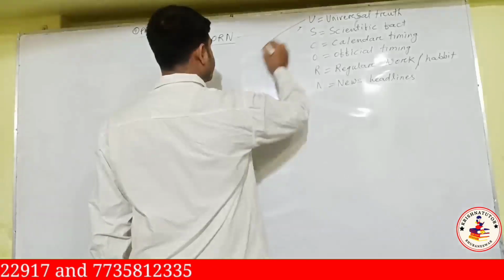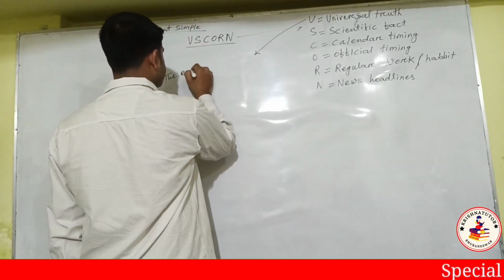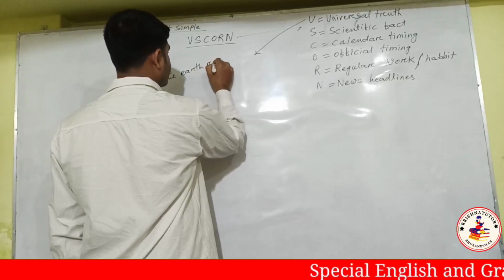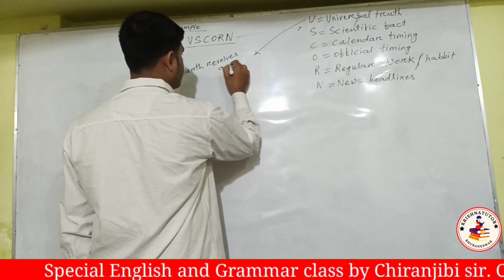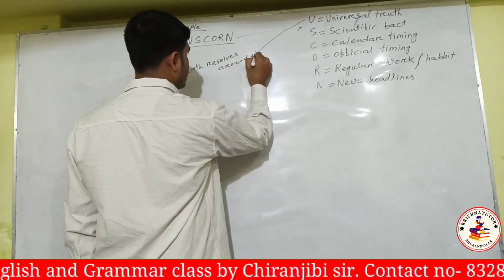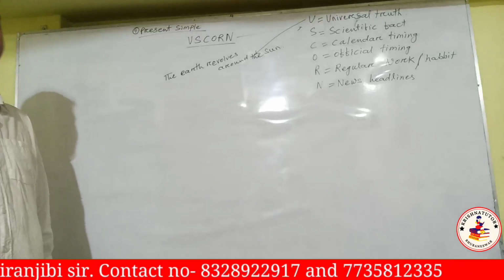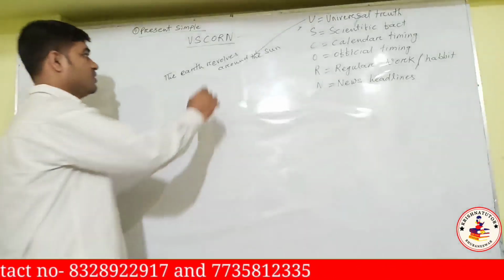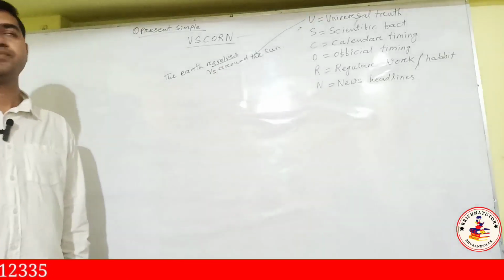If I talk about universal truth: the earth revolves around the sun. It is universal truth. So here it is V5, so it is present simple tense.